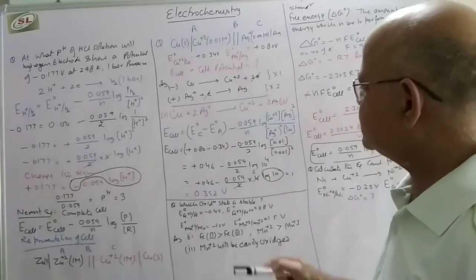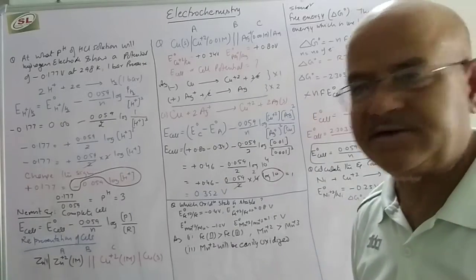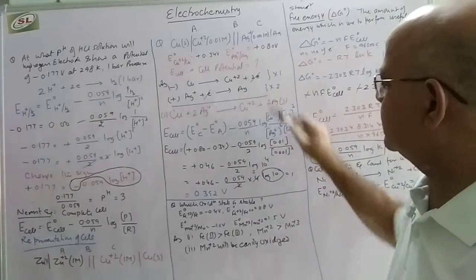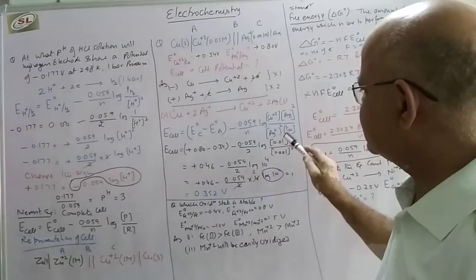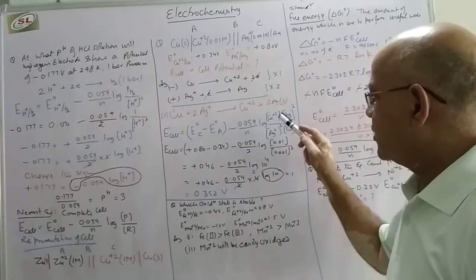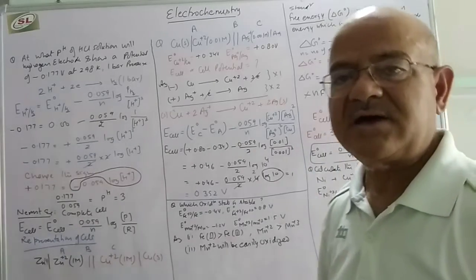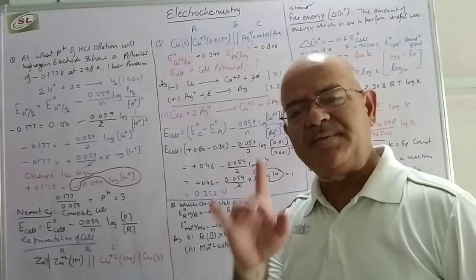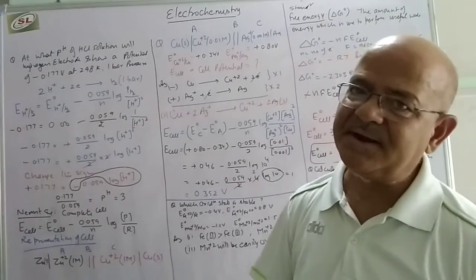We will put in the values of the concentration and the standard electrode potential. Those are given here also. Copper+2 is having 0.01 and Ag+ is 1. Ag and copper are solid and the change in concentration is negligible, so they will be taken as unity, as 1.